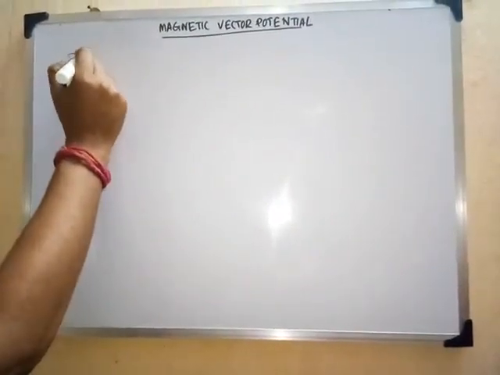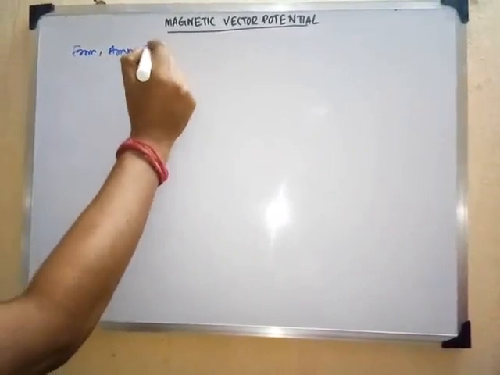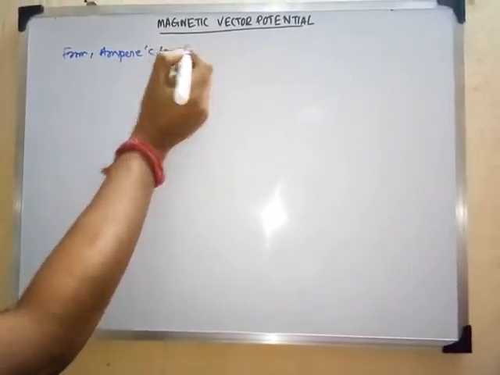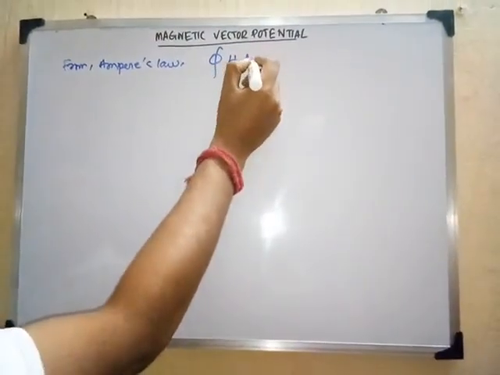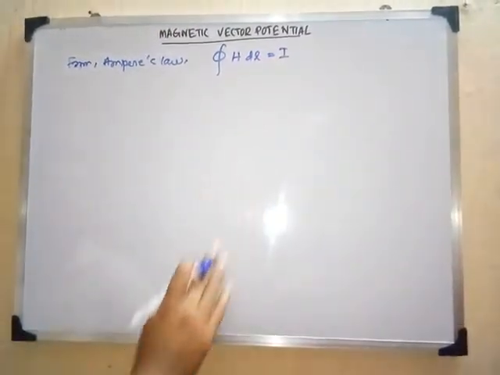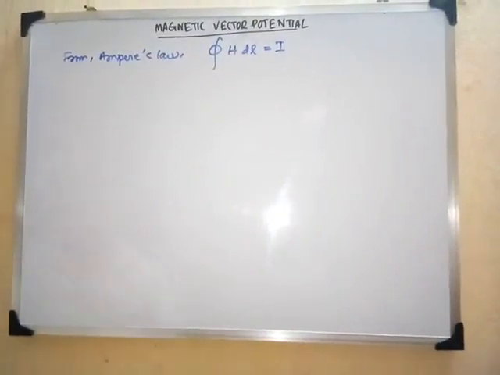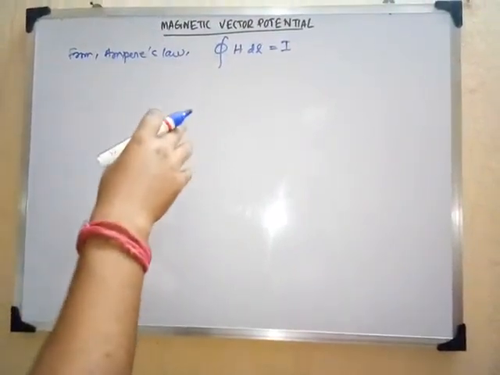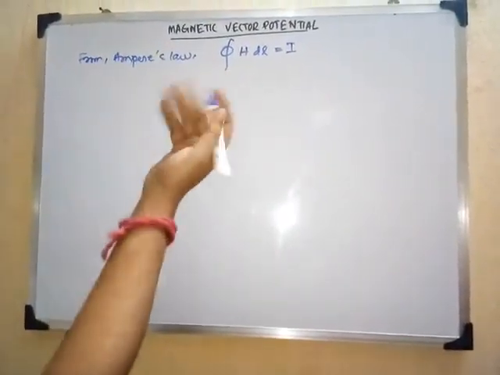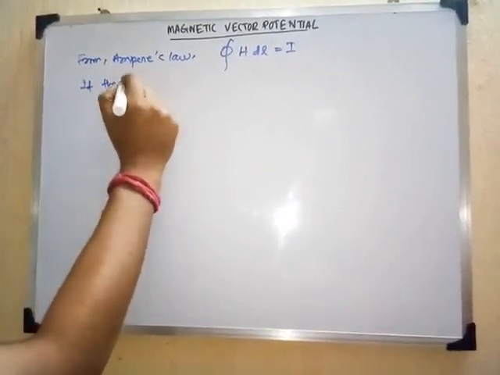From Ampere's law, we got that the closed line integral of H dl is equal to I, right? Now let us suppose the path does not enclose the total current I. So what will happen in that case?